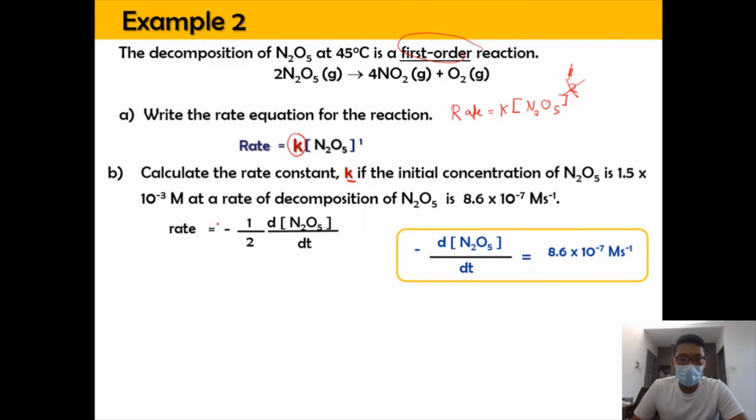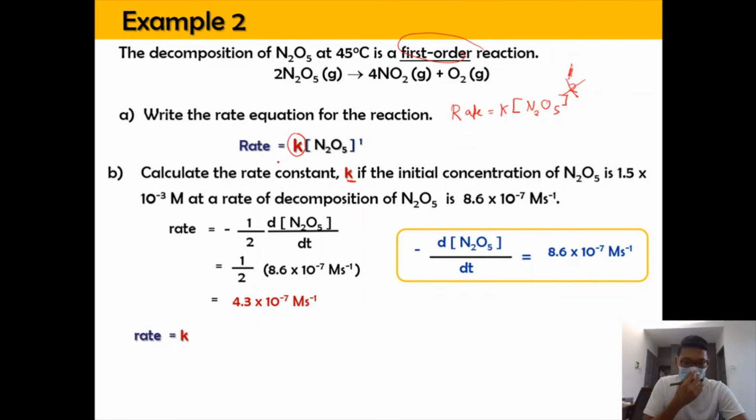So as we do the rate of the differential equation, we know that rate is equal to negative 1 over 2 multiplied by this term. So we have to put in the value here, and therefore the rate of the reaction is going to be 4.3 times 10 to the power of negative 7 molar per second. Now we already got the rate, and we can substitute the rate into the equation, and we can find k.